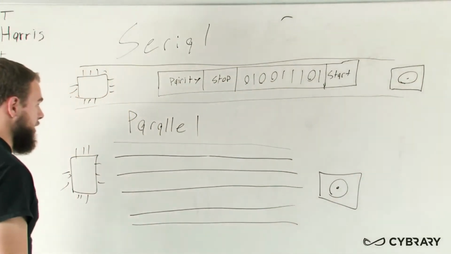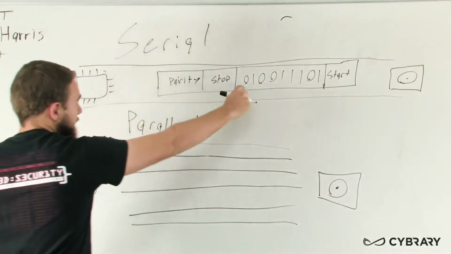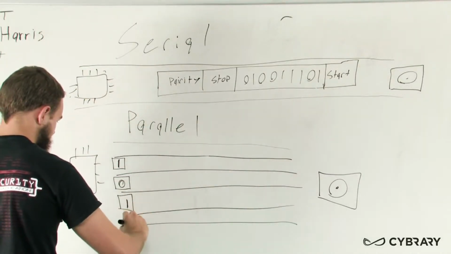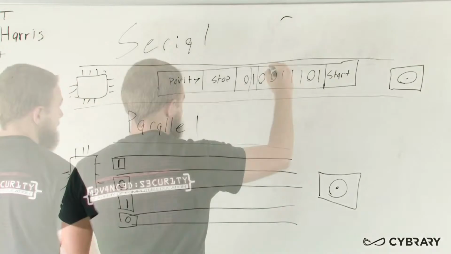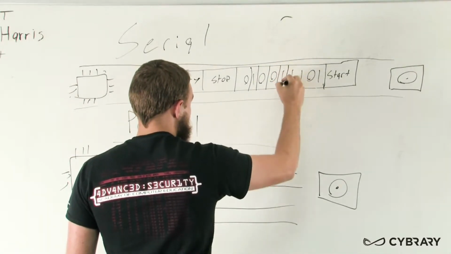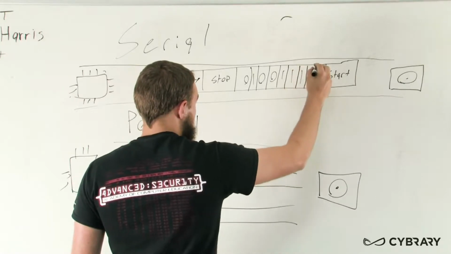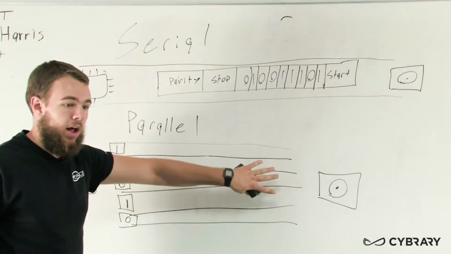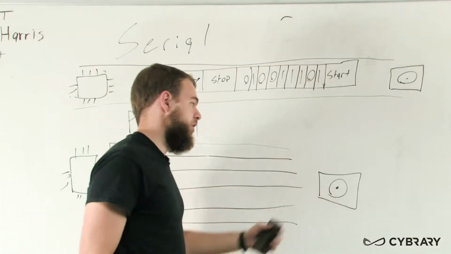Rather than sending the data one bit at a time, sequentially, like serial does, it sends many at a time, pushing them across that parallel connection over to our hard drive.